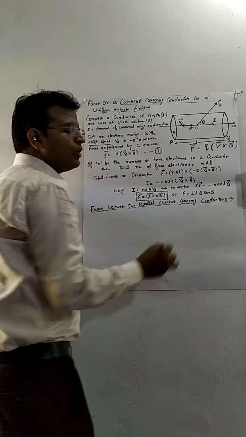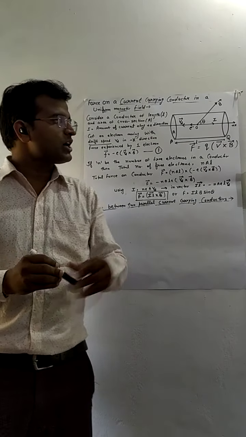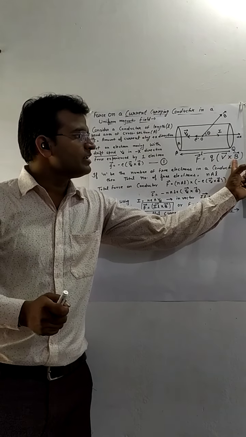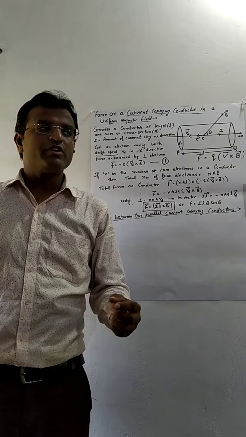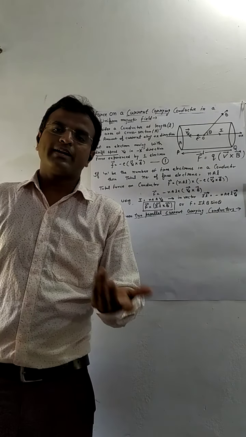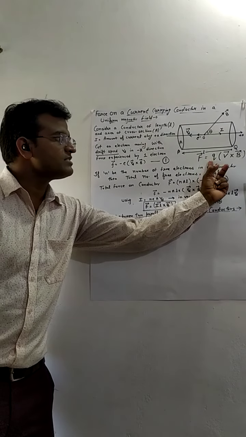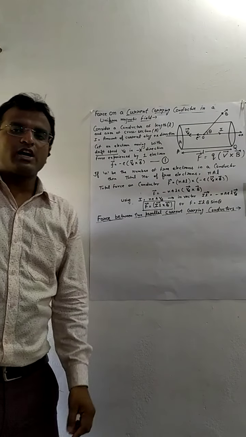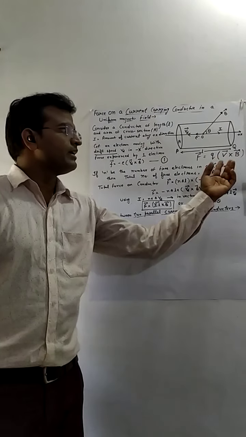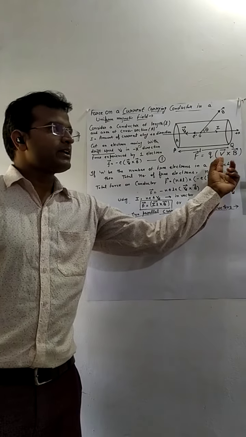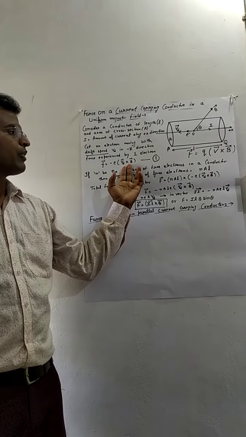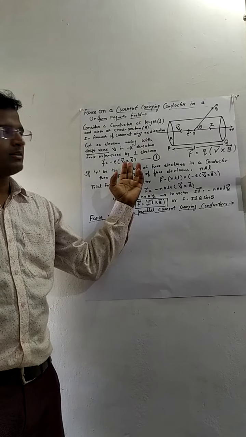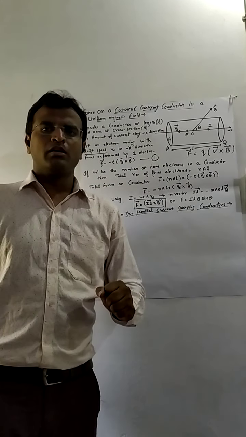This is the formula for force acting on a charged particle moving with speed V placed in a magnetic field. Now, the charge is an electron. The charge on an electron is negative e, and the velocity of the charged particle is Vd, the drift speed, and B is the magnetic field. This is equation number 1.